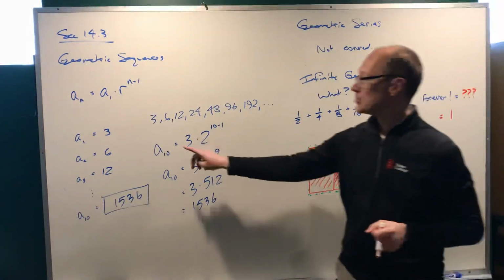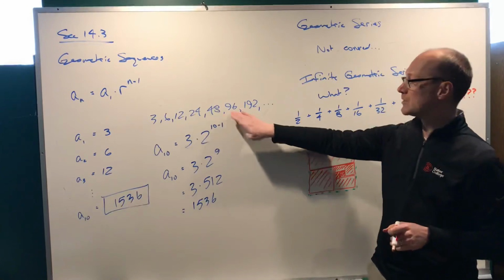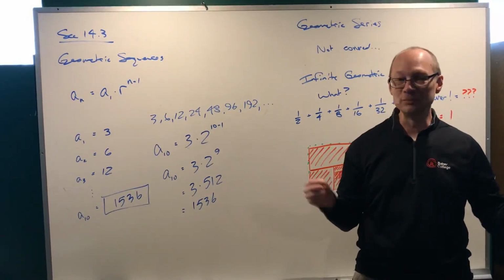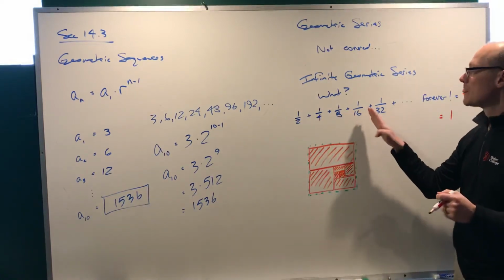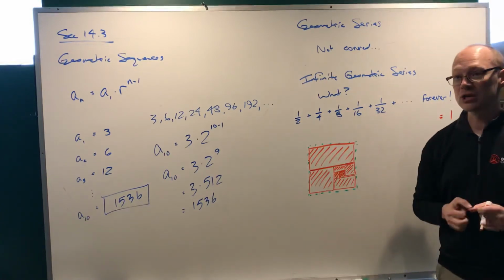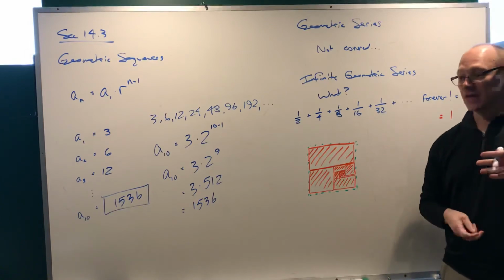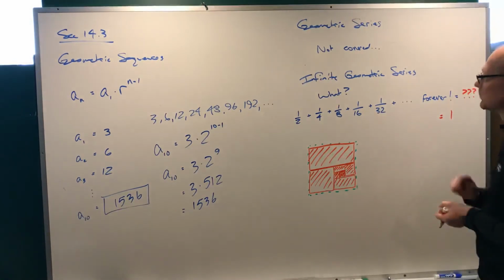If you're multiplying by 2, I'm not going to tell you that 3 plus 6 plus 12 plus 24 plus 48 plus 96 plus 192 forever is going to equal anything but huge, right? But if you're adding numbers together that are part of a sequence where it's getting cut in half, or cut by a third, or cut by a fourth, or cut by 2/3, then you're going to end up with a nice, simple, finite number.